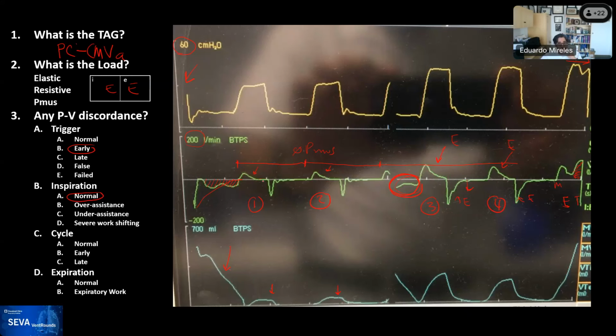If there's no PMOS, then there should be no delay. Actually, you see a little bit of late cycle, and then this one, but I would say probably normal. And then some expiratory work in a couple of breaths. Rob, comments? Nope, looks pretty good to me.